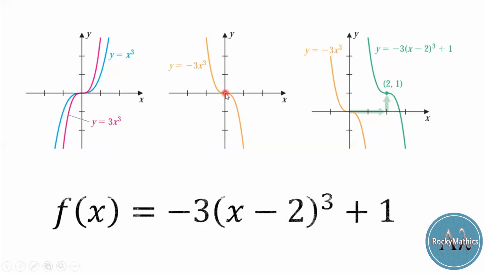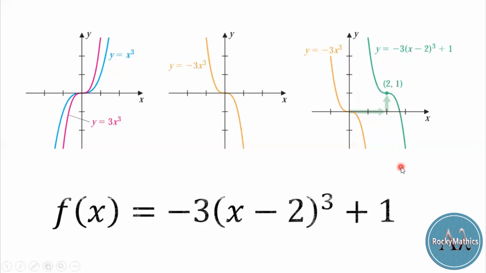So the 0 here is shifted 2 units to the right. So 1, 2. And this x value here is shifted 2 units to the right. So 1, 2. And this one, 1, 2. So this graph is transformed and it is located here, right?